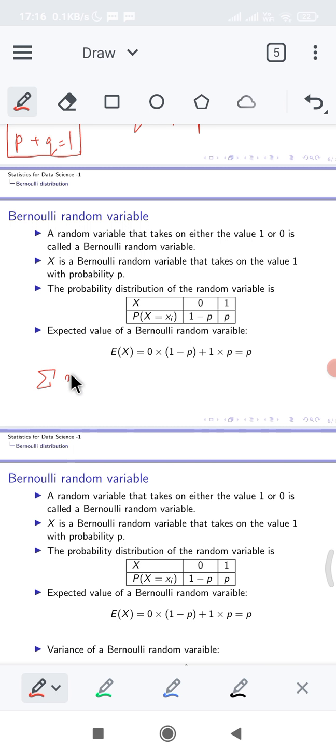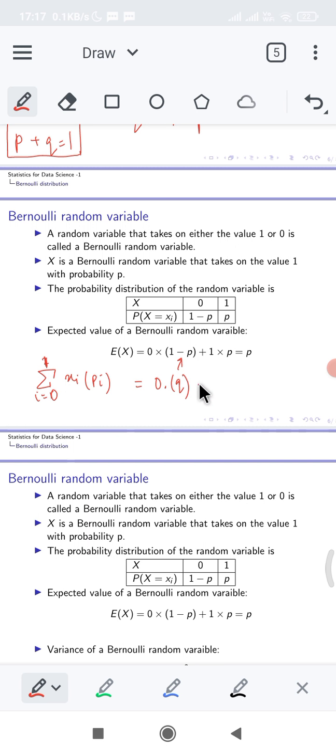So here we can say our expectation is 0 into q, which is 1 minus p, plus 1 into p, which sums up to p. So we can say that our expected value or our mean would be equal to the probability of success.